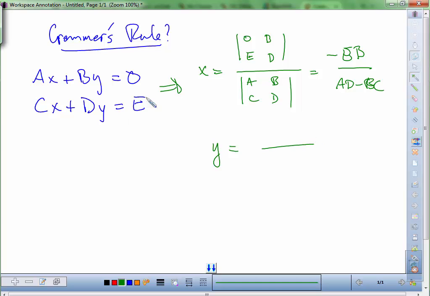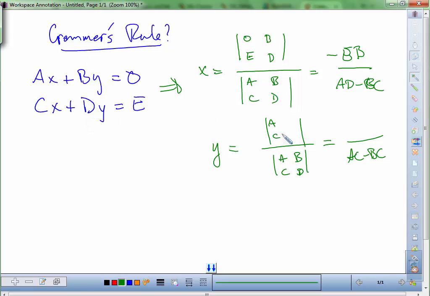Yeah, well, I mean, these are systems of linear equations that we're solving for. And then this is for the y, the same denominator, A, B, C, D. And then here you replace the y vector, or the y column.